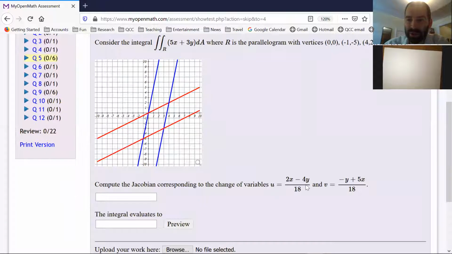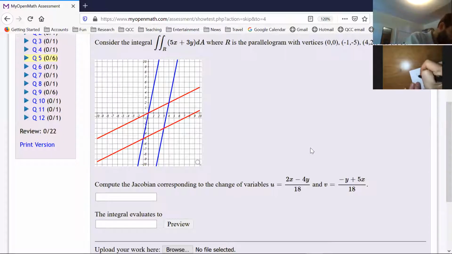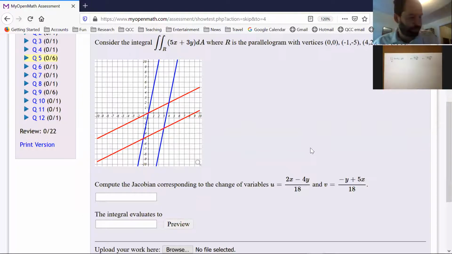And I gave you the change of variables that's recommended. Everyone's problem looks a little bit different, but for mine, I'm going to copy this down and we'll go to the paper and take a look. Let me just write down the change of variables as well, and the vertices here.